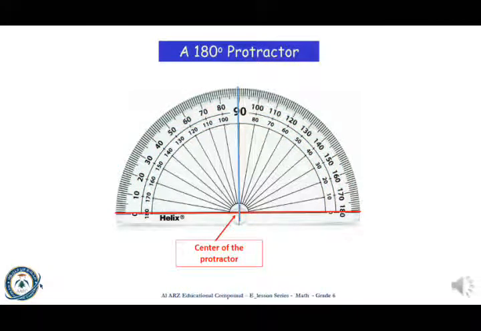It includes the line of the zeros and the line of the 90 degree, the right angle. They are special lines. You start from this line, and the right angle stops at 90 degree on this blue line over here.